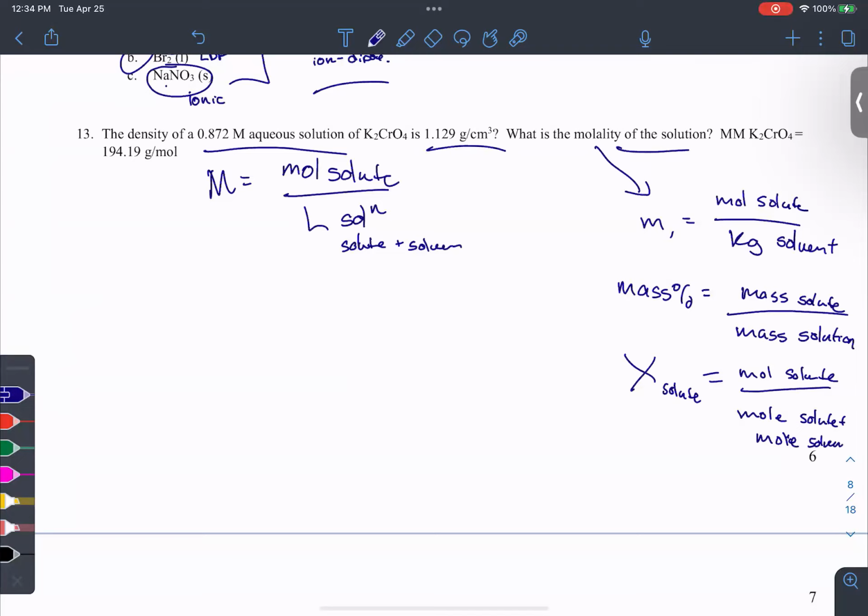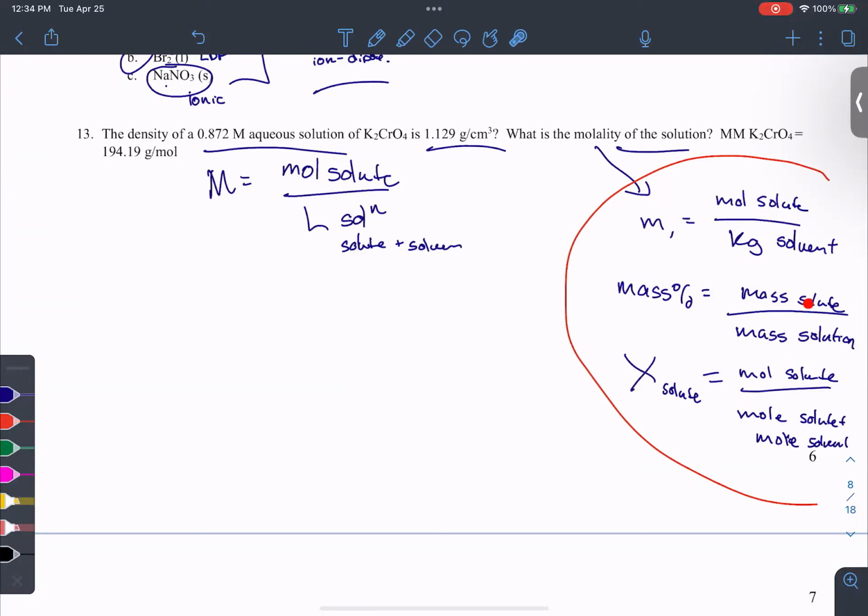Okay. All right. So I think I said this last time, but I'll say it again. All of these live on an island together. As long as you know the identity of your solute and your solvent, you can intermix between all of these, no problem. You do not need density. If I know moles of solute, do I know the mass of solute that's there?